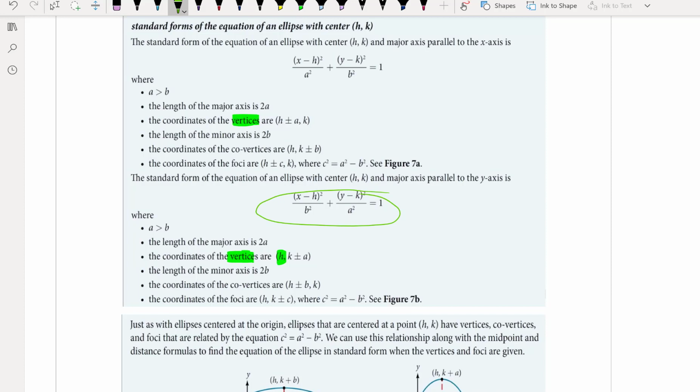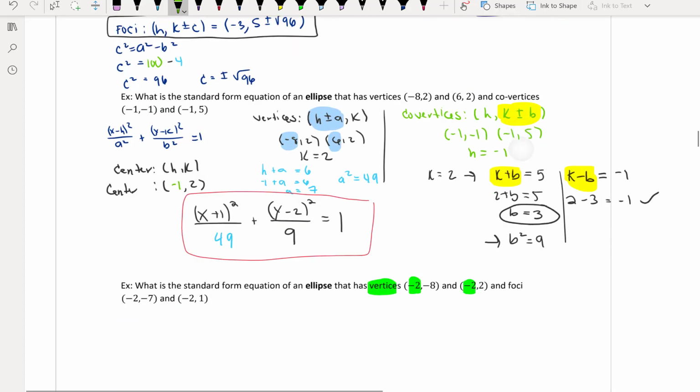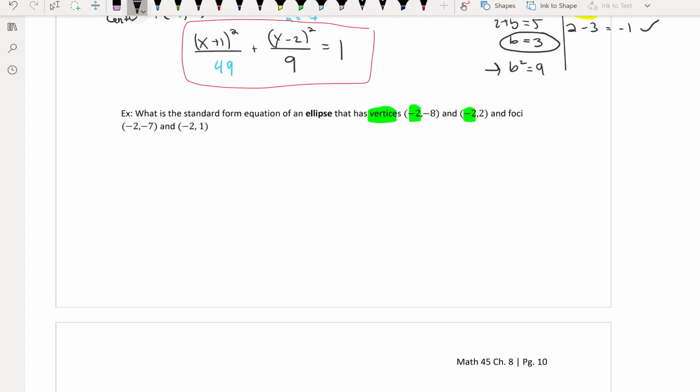I have it where x minus h squared over b squared plus y minus k squared over a squared is equal to 1, because that first ordered pair on the vertices, the h value is fixed. Okay, so that's how I know I'm going to be using that type of equation. So the general equation is going to be x minus h squared over b squared plus y minus k squared over a squared is equal to 1.